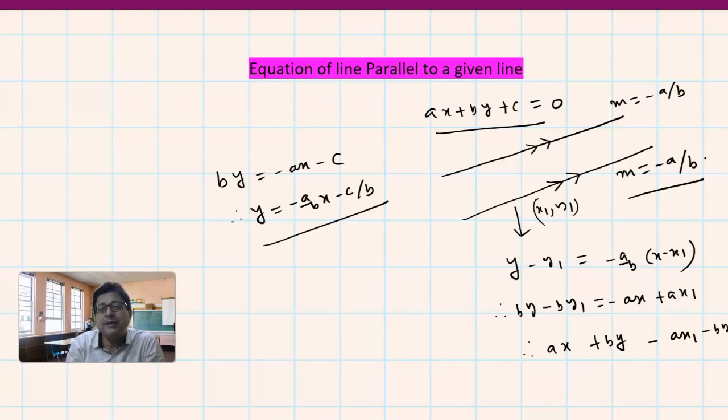See which part is differing? The first and second parts of this line will remain the same here. Which part is differing there? Only this part.